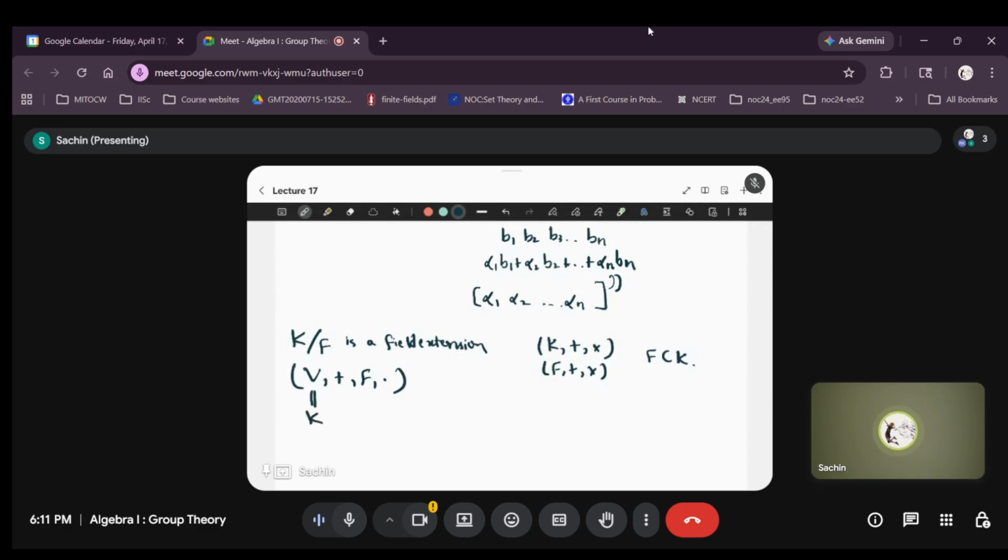Consider K equal to V, this plus is this addition, this dot is this multiplication, this F is this F. Then K over F, K is actually a vector space over the field F. Is that clear to you?